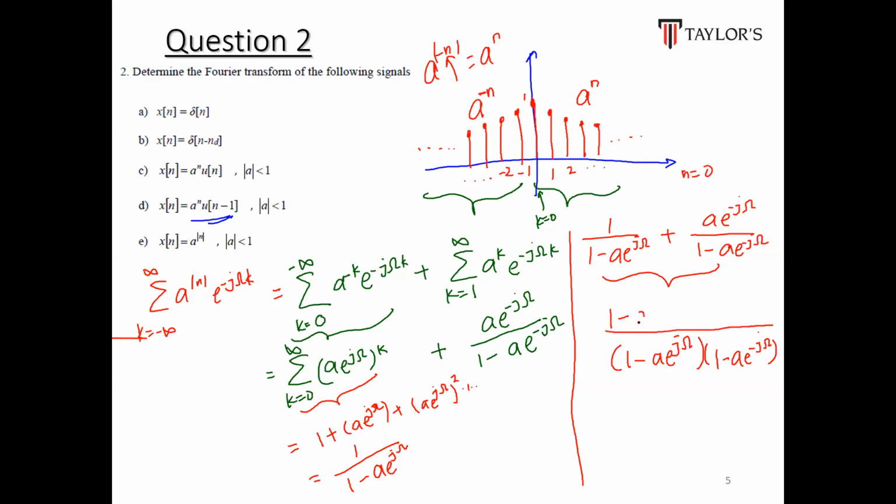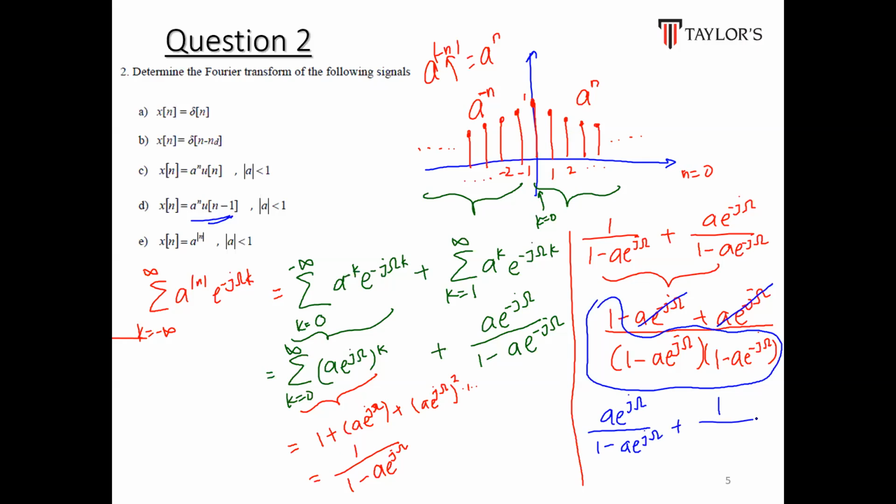Here becomes 1 minus a e^(-j omega) plus a e^(-j omega). And then you notice these two are the same, so you cancel them off. So the answer is 1 over the expression here. Previously, if we do it from -1 to -infinity, then the answer was here. Remember, it was a e^(j omega) divided by 1 minus a e^(j omega) plus 1 over 1 minus a e^(-j omega). Now you see whether we can get the same answer.